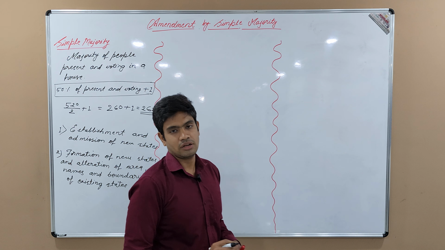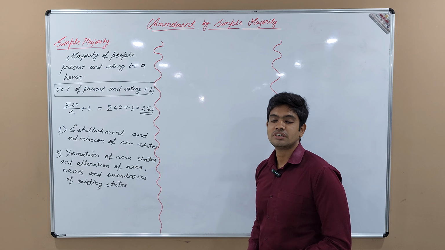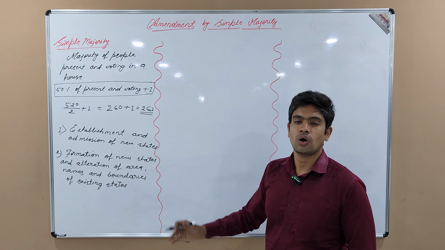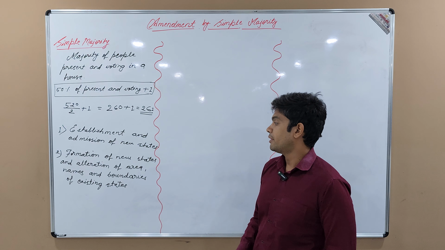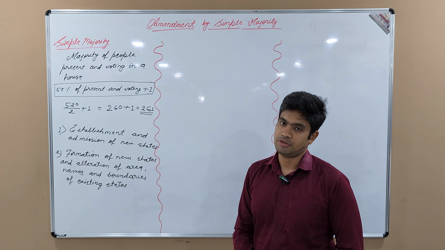Whenever there's a bill seeking formation of a new state, or alteration of its area, boundary or name, that bill must be passed by simple majority in each house of the parliament.